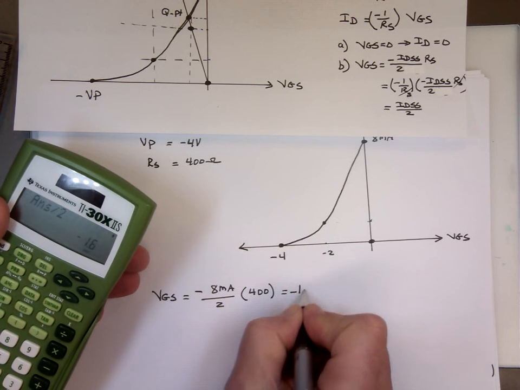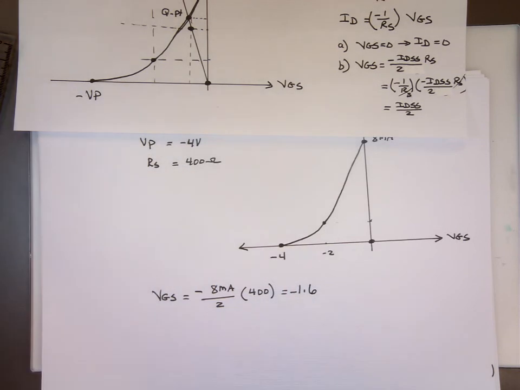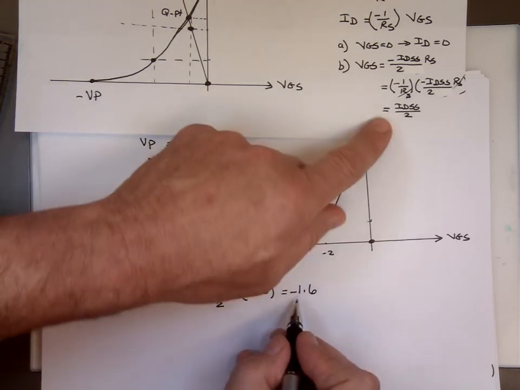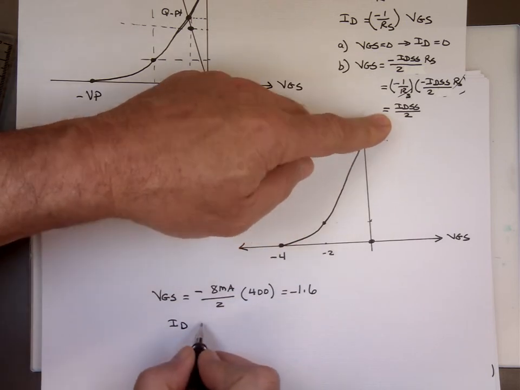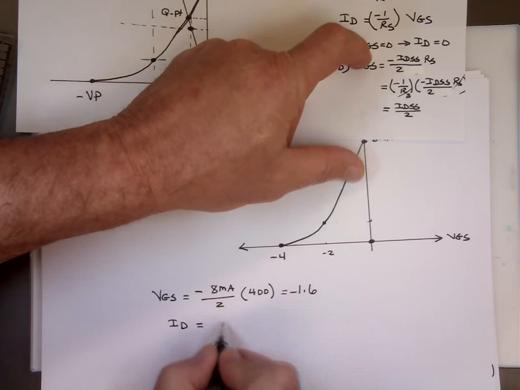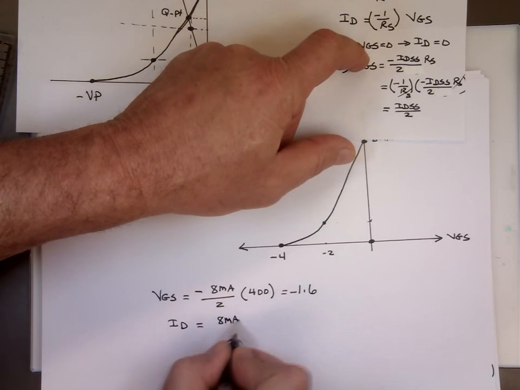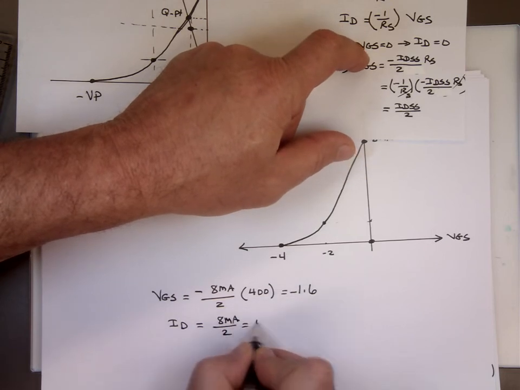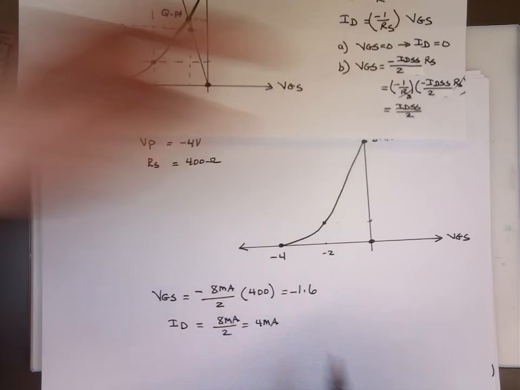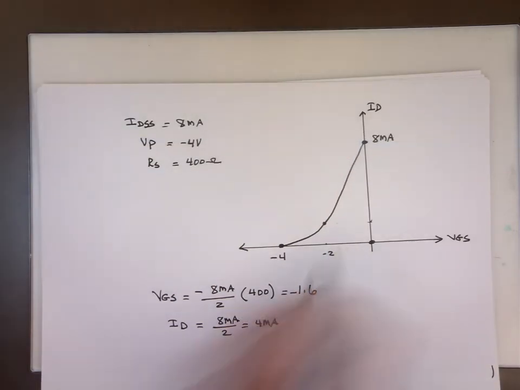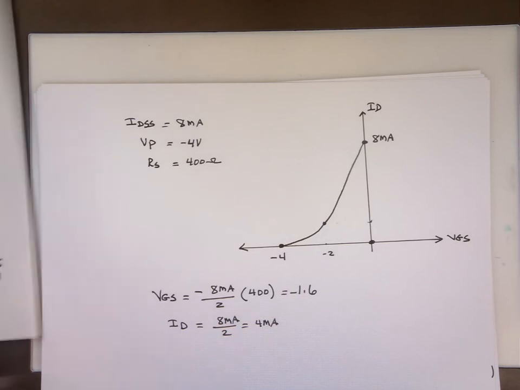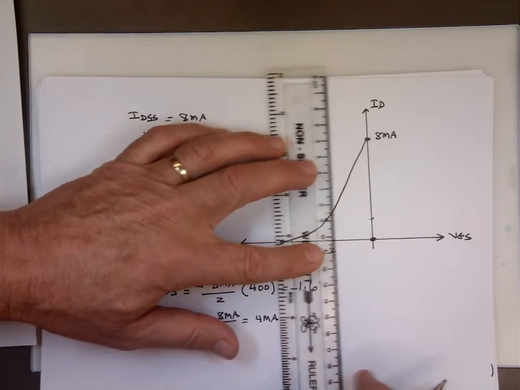If I use that according to my equation here, I sub D is going to be what? I sub DSS over 2, which is 8 milliamp divided by 2, which is 4 milliamp. So I'm done. My next point is negative 1.6. That's right here. Let me draw a line at negative 1.6 going way up there.